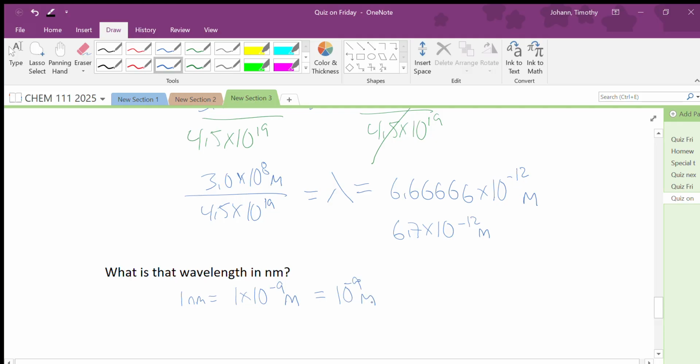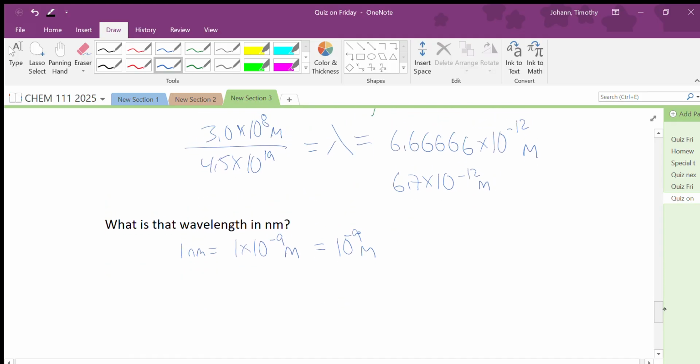Do you agree those are the same thing? Okay, so I've got that. I've got my answer up here, right? So I need to go from meters to nanometers. So I'm going to start with 6.7 times 10 to the negative 12th meters times, this is my conversion factor. What's going to go on the top?